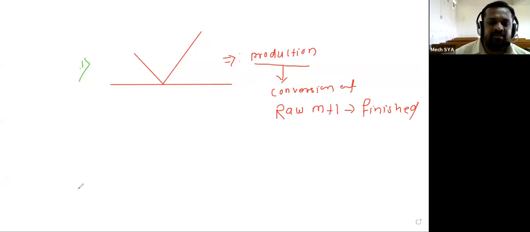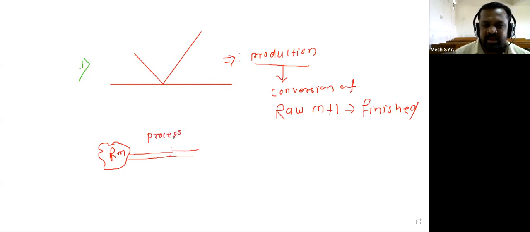Suppose we have some raw material, and on that raw material we carry out a process, and due to that process this raw material is converted into the finished product. This process is called the production.